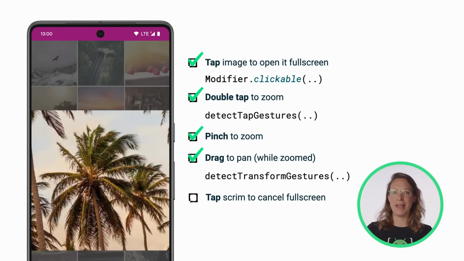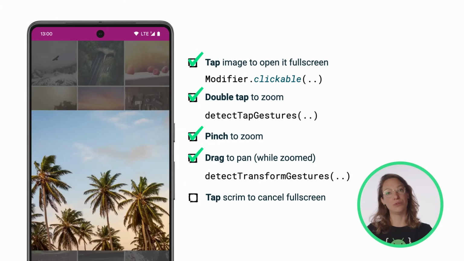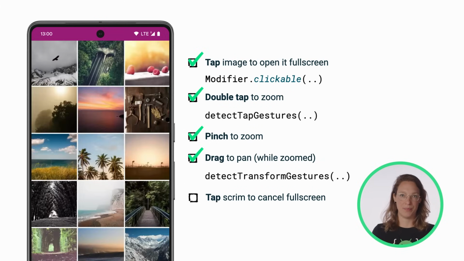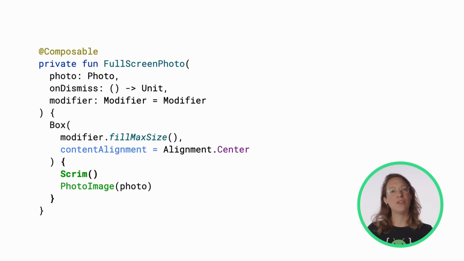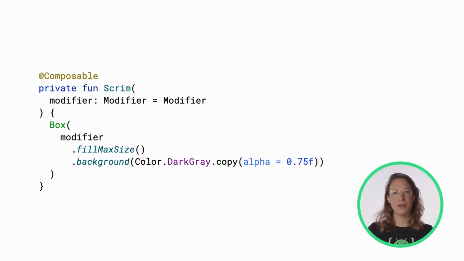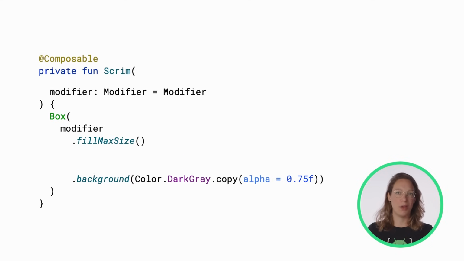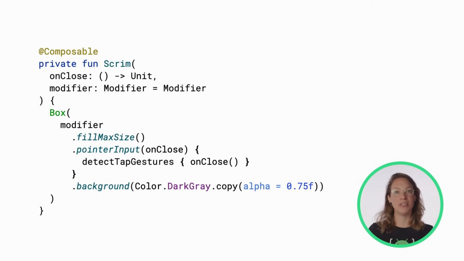Now we only need to allow the user to exit the full screen image by tapping the screen. Going back to our full screen photo, remember that scrim composable. If we look at its definition, we can see that it currently is simply a full screen box with a grayish color. We can add behavior to it by passing an onClose lambda and calling that lambda when the user taps the box.